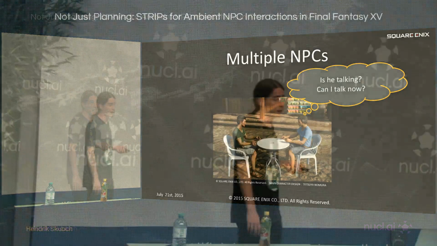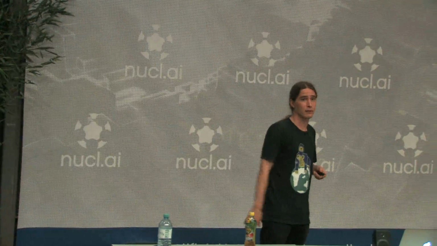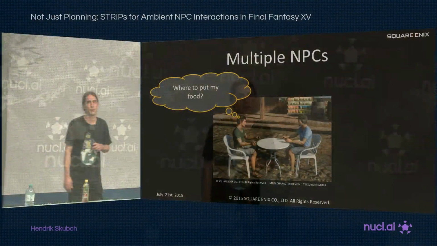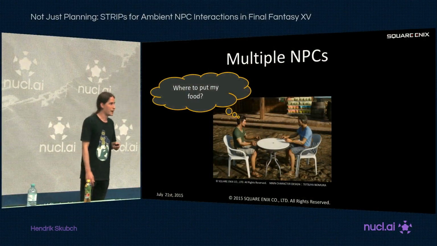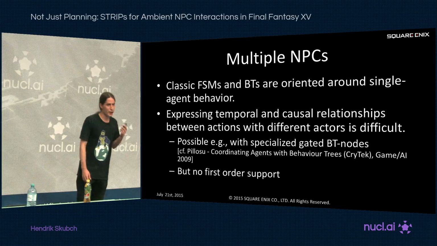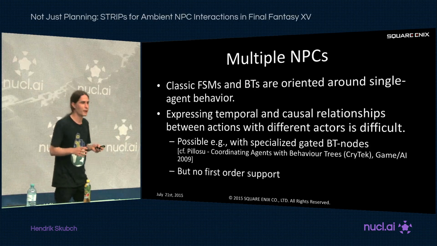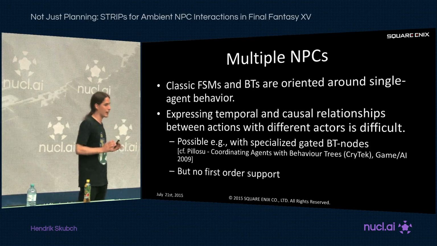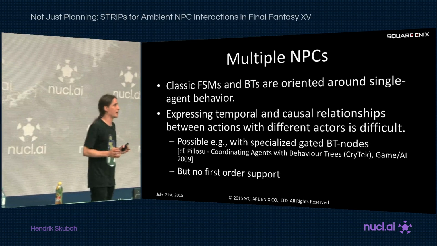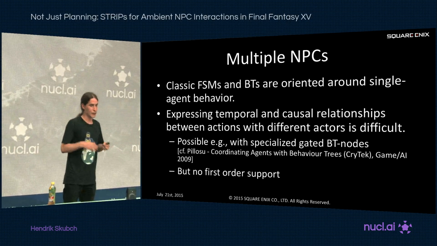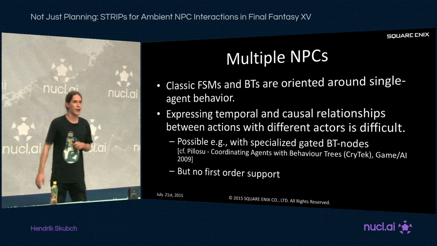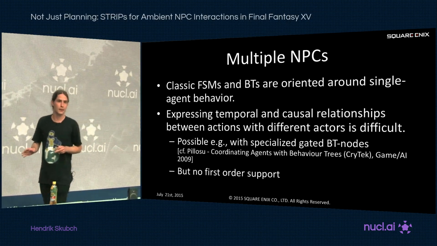Is that guy talking? Can I talk now? Or where do I place my food? So in short, expressing temporal and causal relationships of actions of different actors is difficult in this way, using single agent behaviors. It's not impossible.